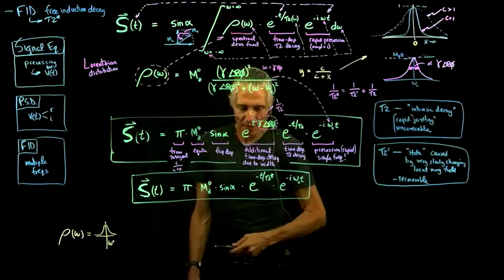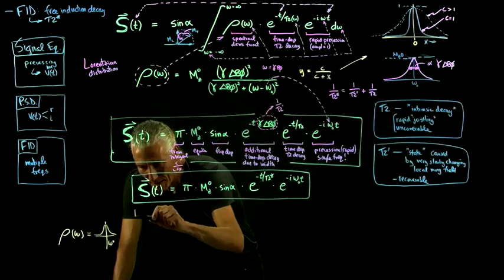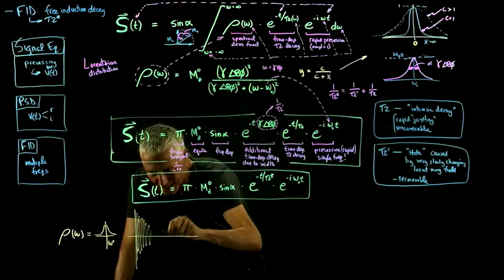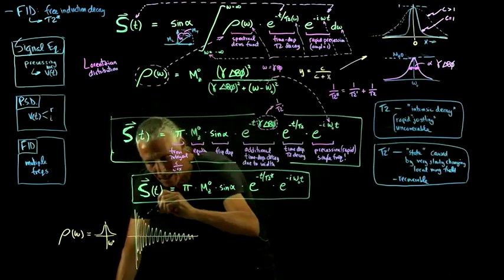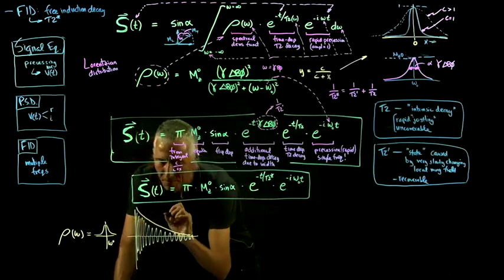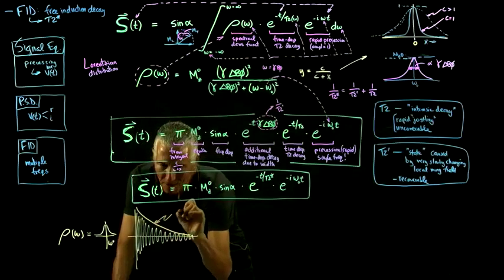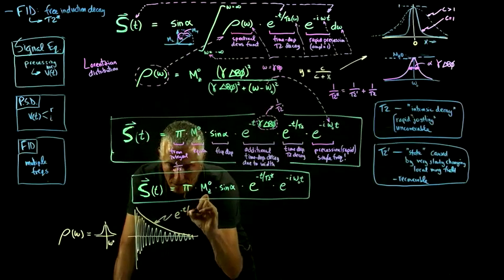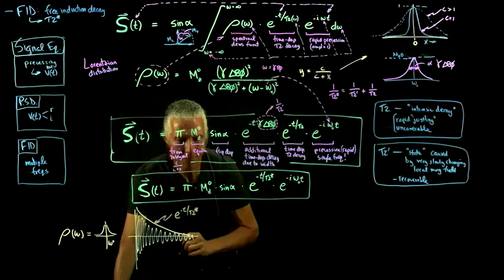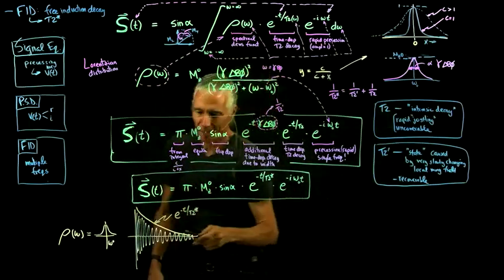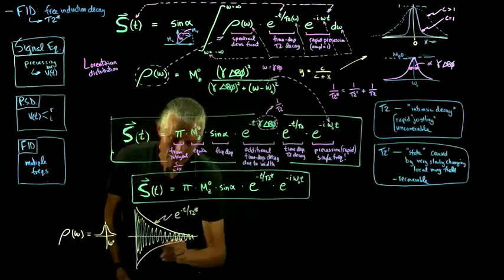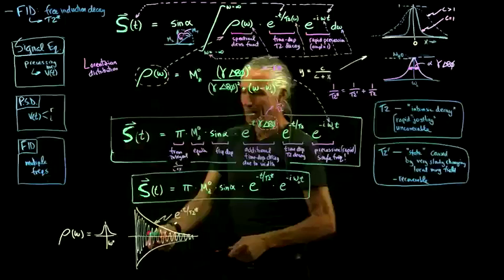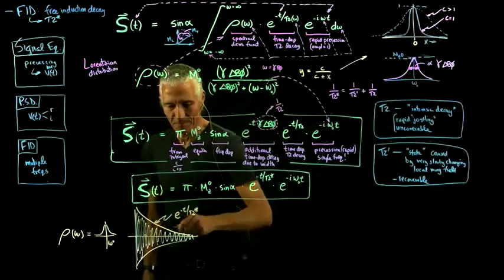And what happens if we run that equation? Well, we get a gazillion oscillations like that, and that falloff is going to be equal to e to the minus t over T2 star, because we combined those two things in there. Now, what if we don't have something that's actually a Lorentzian distribution?